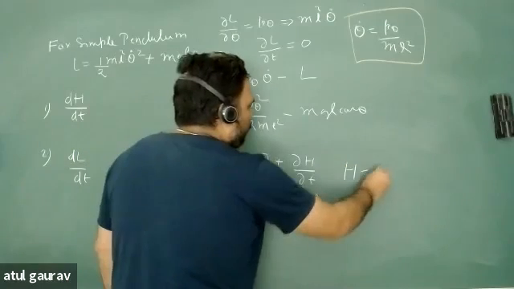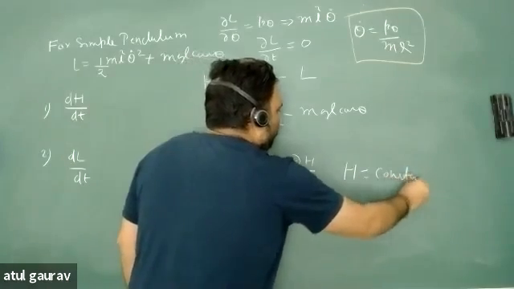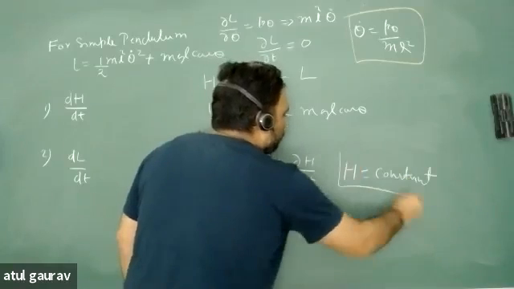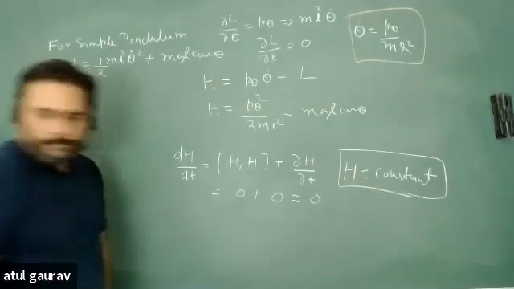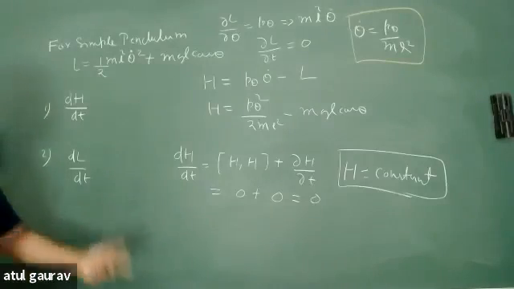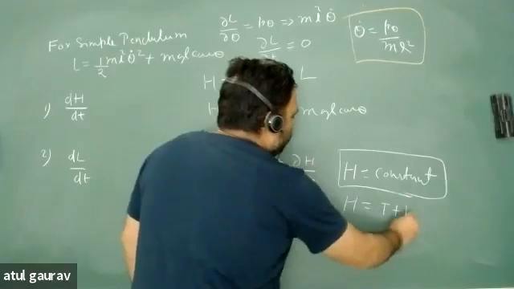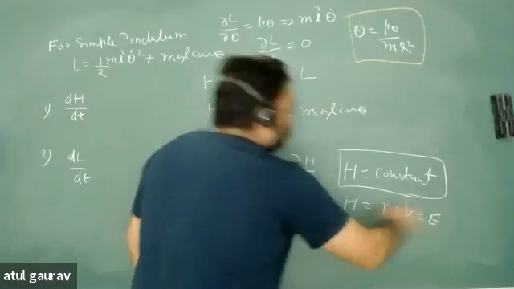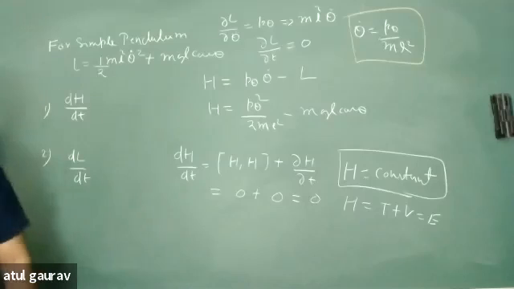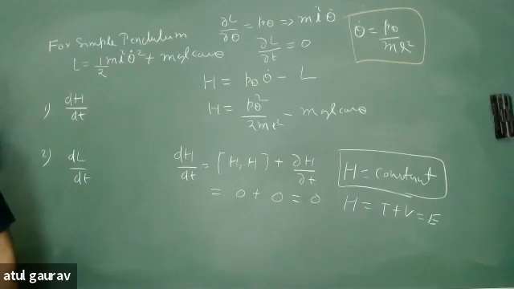I can say H is constant. Yes, and that constant is identified as the total energy of a system. This is nothing but what? Total energy of a system. This is my constant, and this is identified as the total energy of a system.